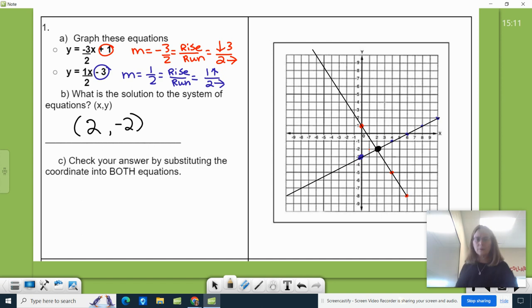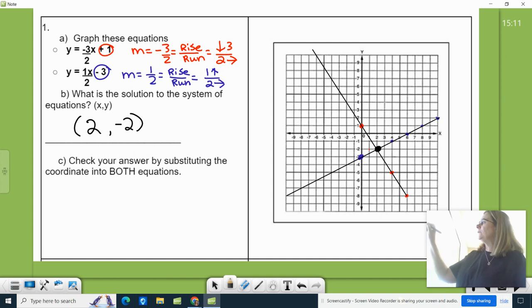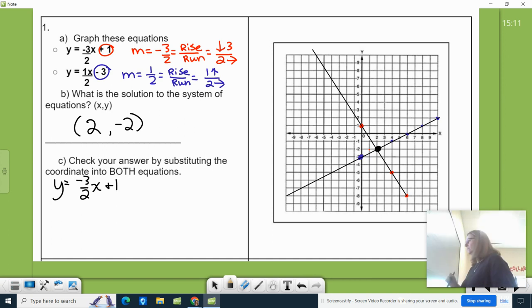Now checking my work. I start with my equation, y equals -3/2x plus 1. Any place I see a y, I'm going to put a -2. Any place I see an x, I'm going to put a +2.